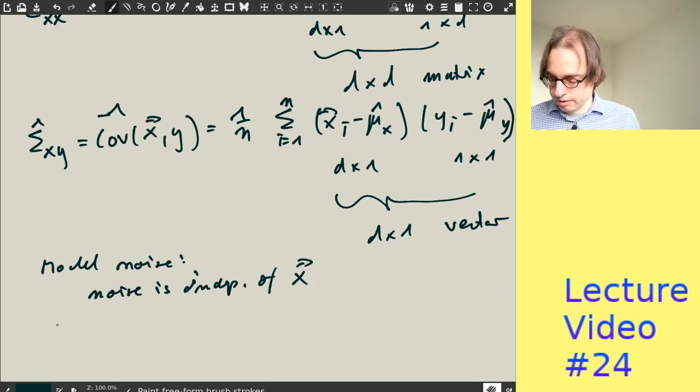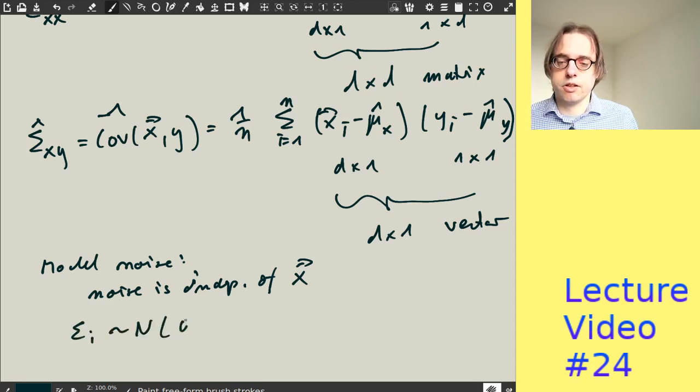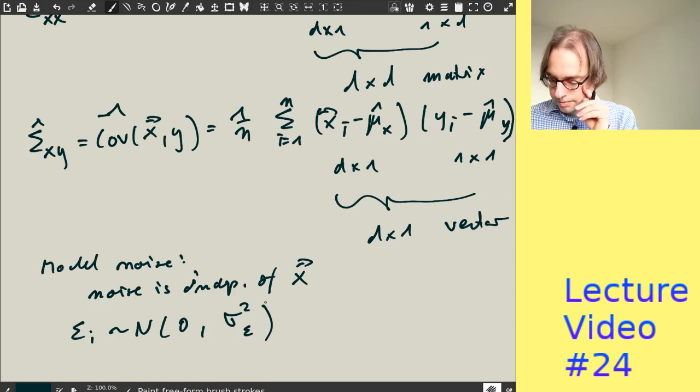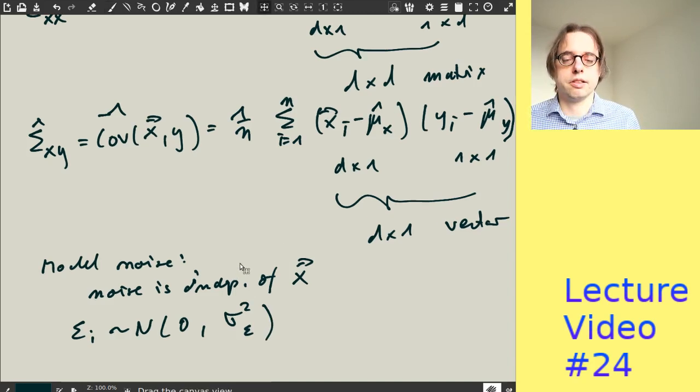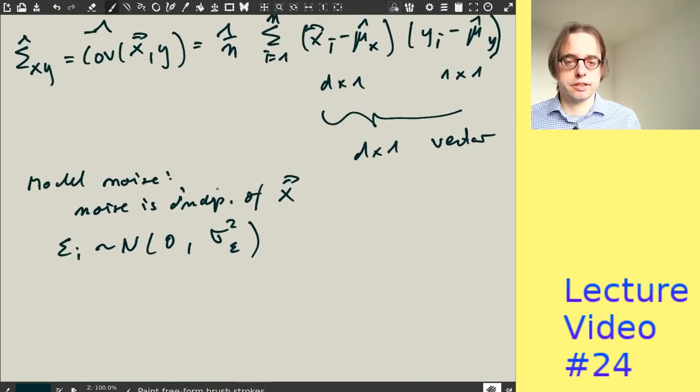We assume that all the epsilon i are drawn from the normal with mean 0 and some noise variance. And this is now the model that we use for fitting the regression coefficients.